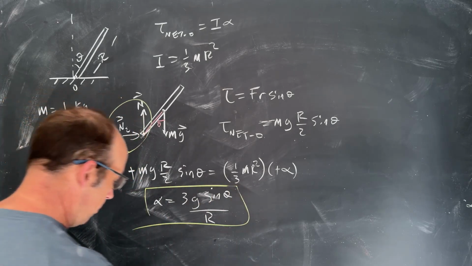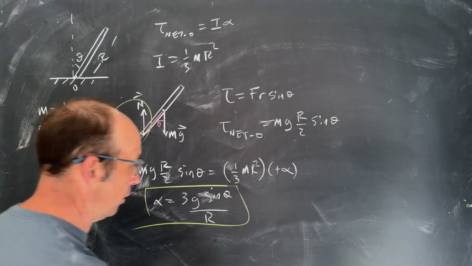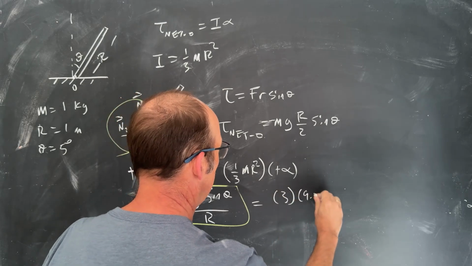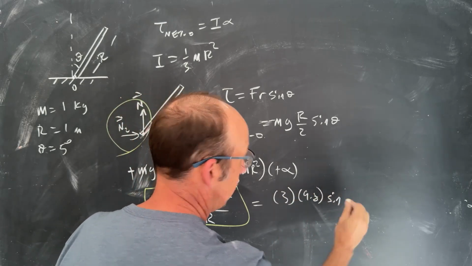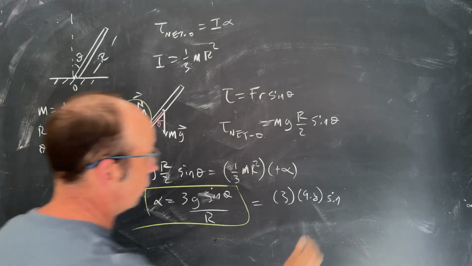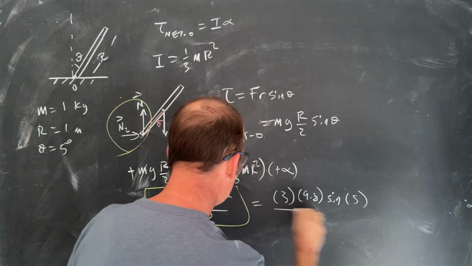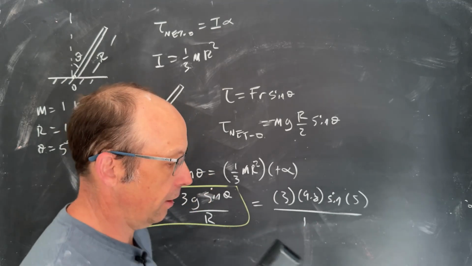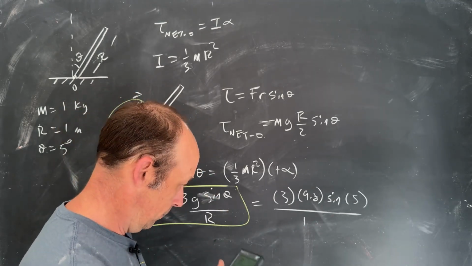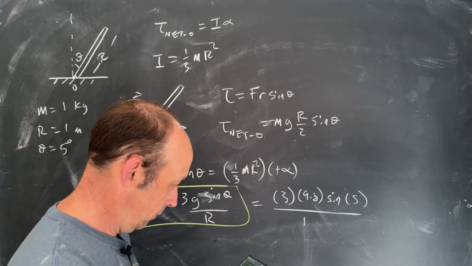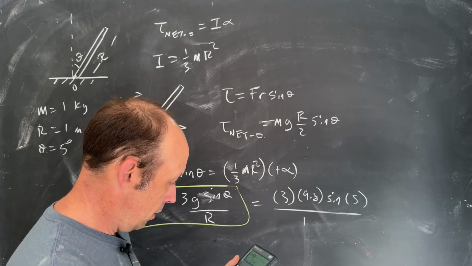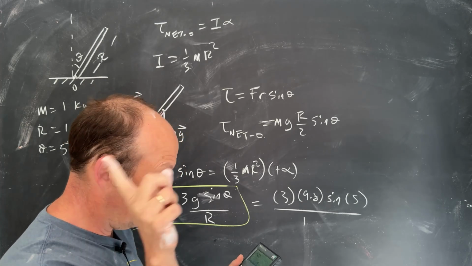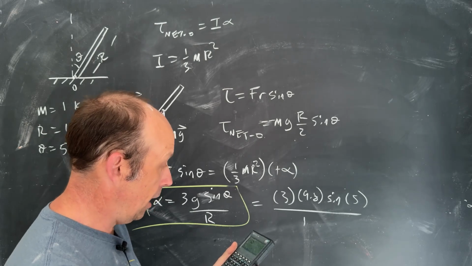Now let's just go ahead and put in my values. I gave this as a problem, so I'm going to do it. So it's going to be 3 times 9.8 times sine of, what angle did I give? 5 degrees, divided by 1 meter. Calculator. 9.8 times sine 5, make sure your calculator's in degrees mode, times 3, and then divide by 1.